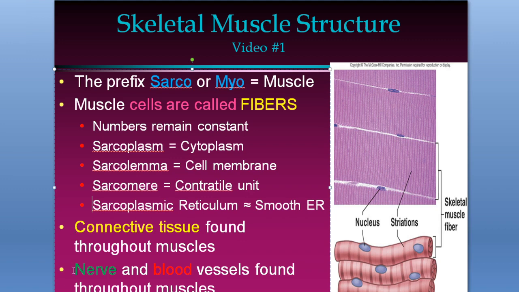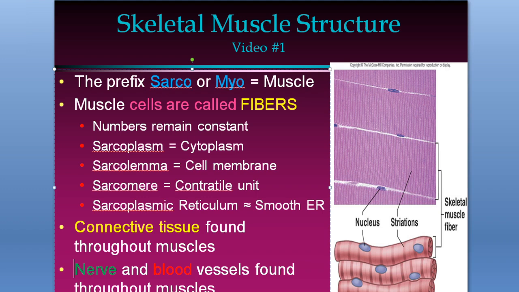And it shouldn't come as a surprise to you that muscles have lots of nerves going to them and lots of blood vessels, because we have to get a signal for the muscles to contract. That's what the nerves are doing. And then the blood is supplying all of the oxygen and glucose to the muscle cells so they can make lots of energy, ATPs, to contract and run their contraction cycle.